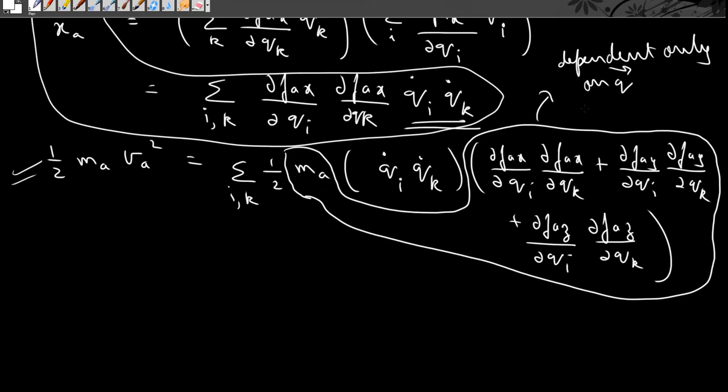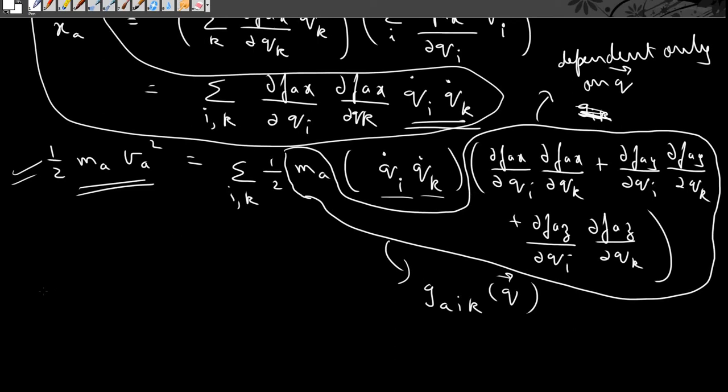So I am going to call this g_aik of q, since this is for the a-th particle: a represents the a-th particle, and i and k represent the variables with which we are partially differentiating.